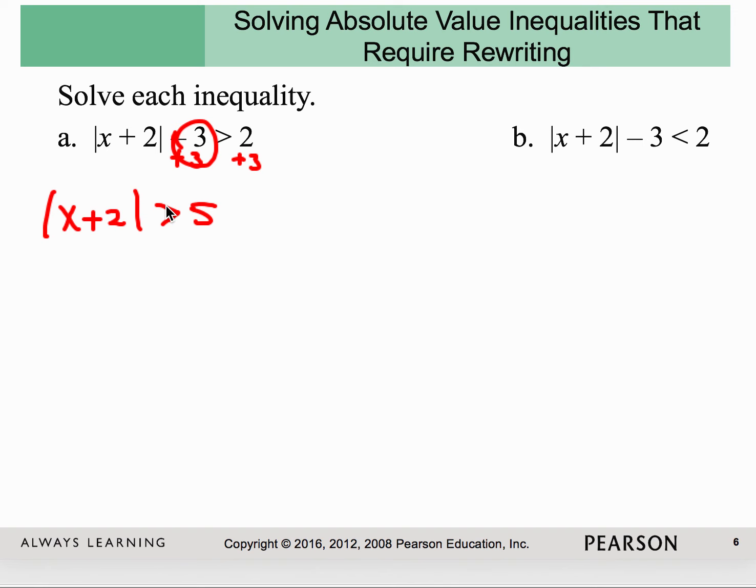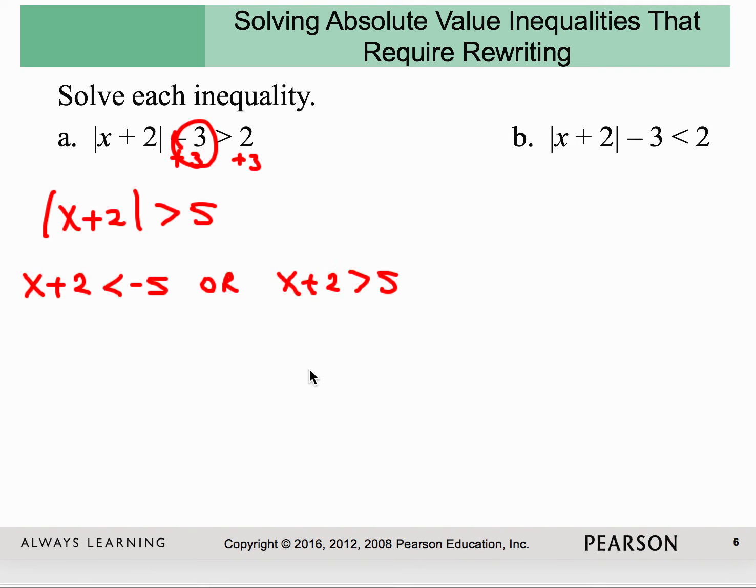Because it's greater than, I've got two equations. One where I not only change the sign of the number, but I change the sign of the inequality. And the other that looks just like the problem.